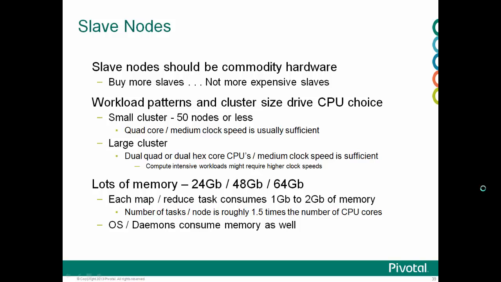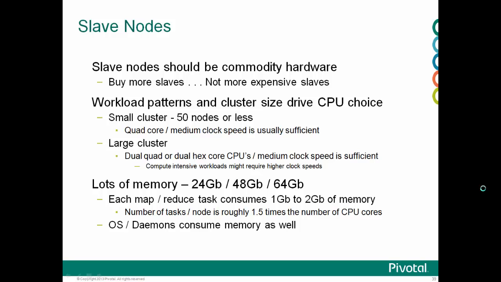The number of tasks that can run on a given node is typically 1.5 times the number of CPU cores. Okay? So if I have a dual quad-core CPU, that means that I can run roughly 10 tasks on that node. If each task requires a minimum of 2 gigabytes of memory, for example, I need to have at least 20 gigabytes of memory.